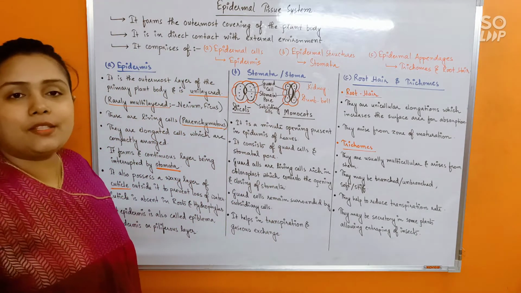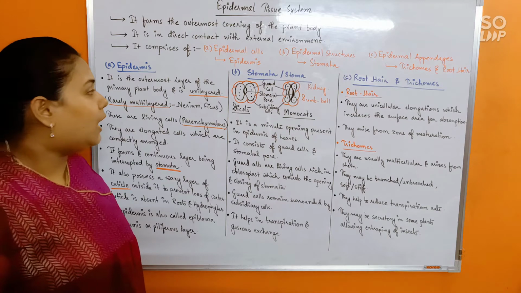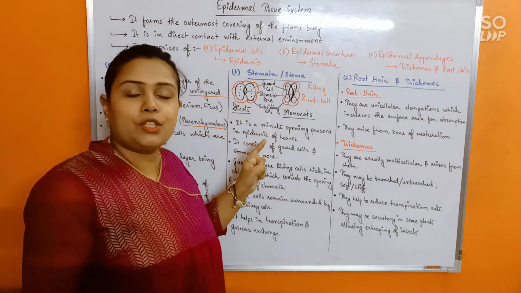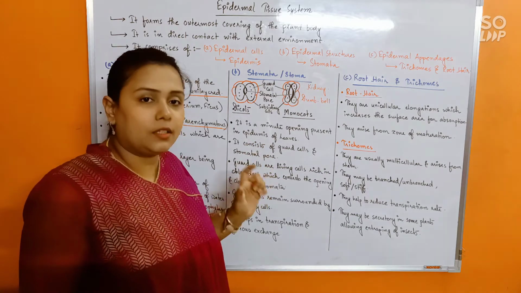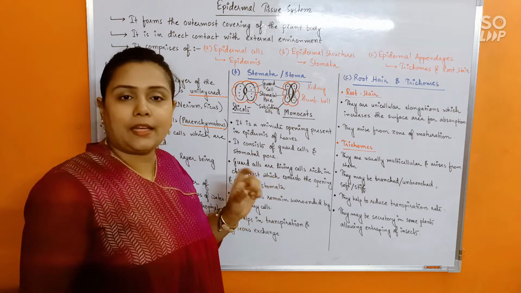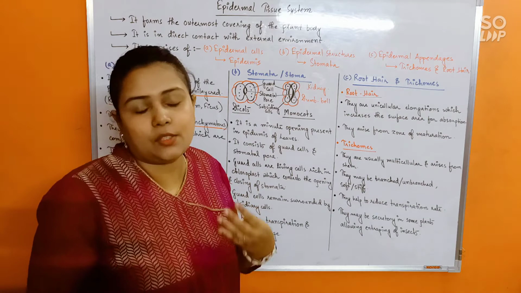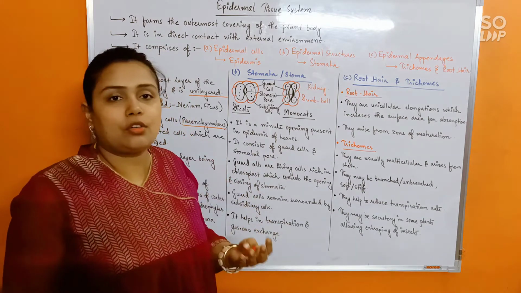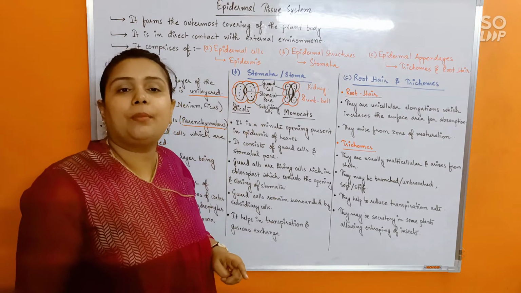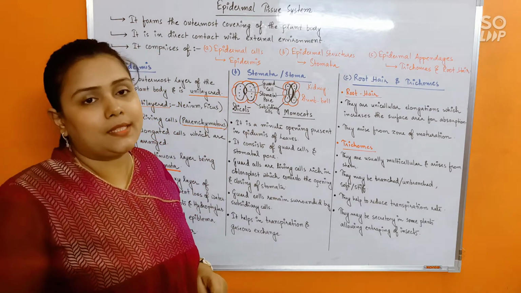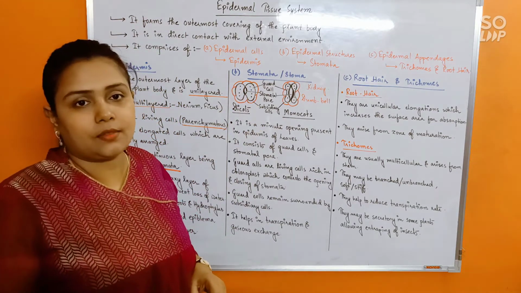So what are the three structures associated with the stomata? First, the minute pore, which is called the stomatal pore, which will remain surrounded by a pair of guard cells, which is the most important thing that you should remember for your exam. And then the guard cells will remain surrounded by specialized epidermal cells called subsidiary cells. Okay.